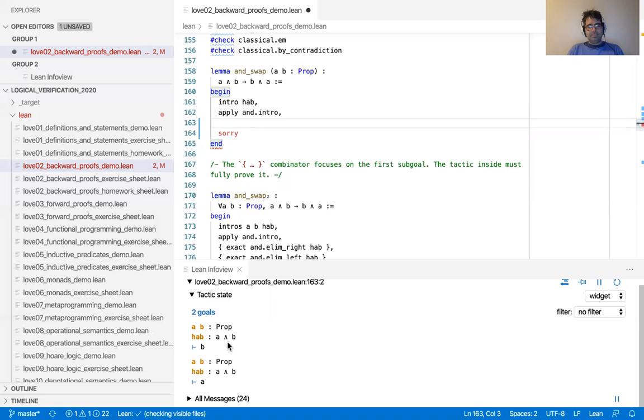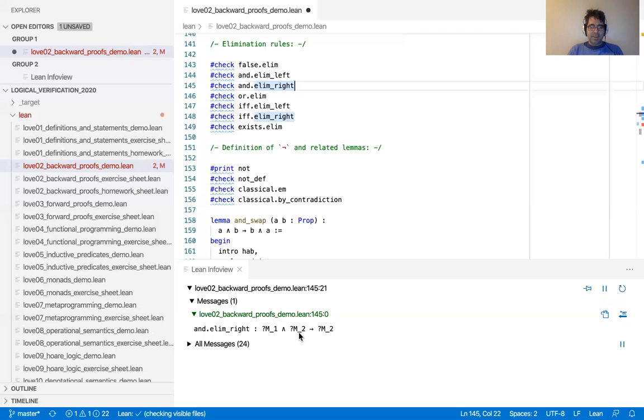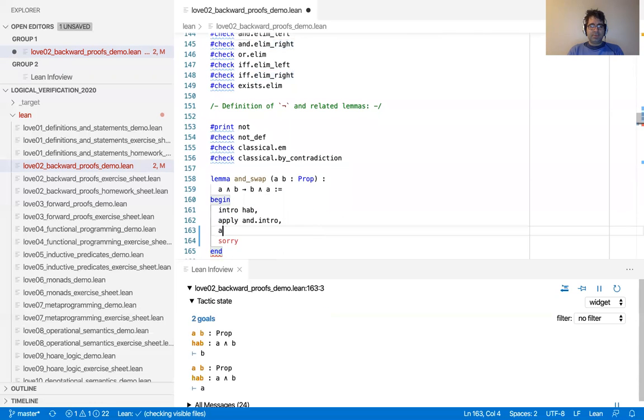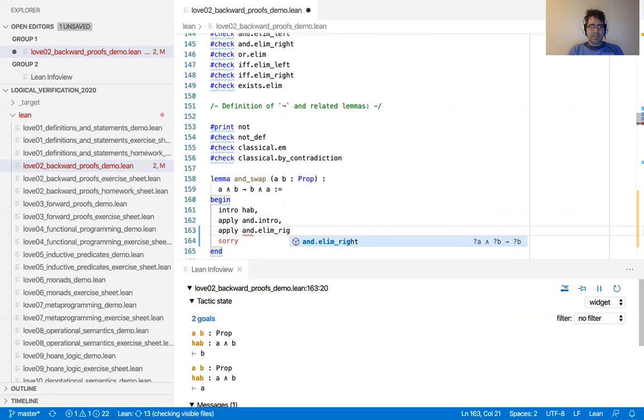Well, we have A and B as hypothesis, and we want to prove B. That looks very much like an and elim right. You see, A and B implies B. That's what we have, right? So we say apply and elim right.